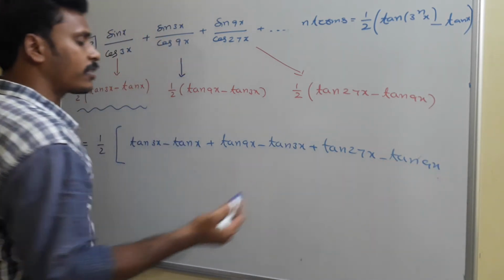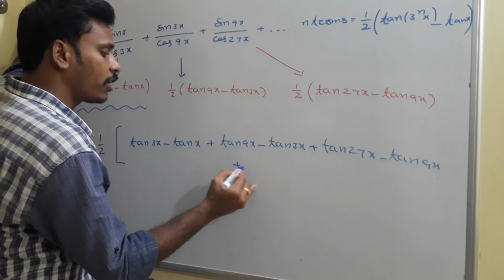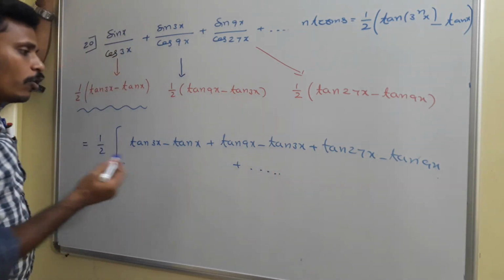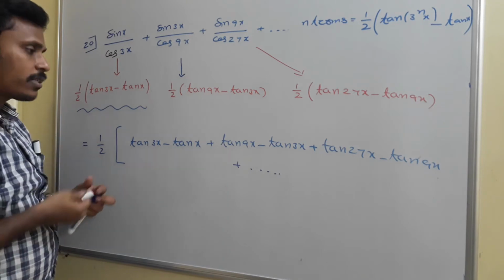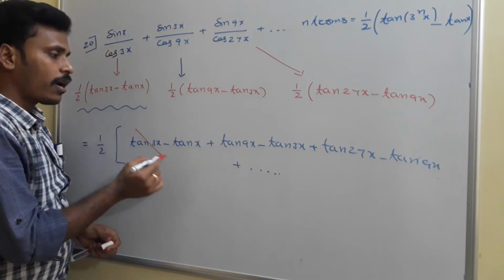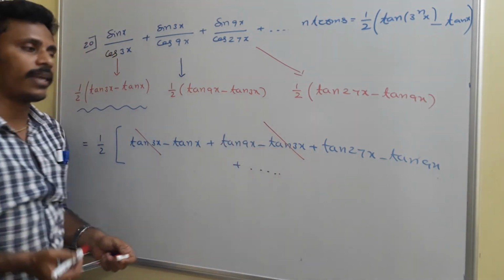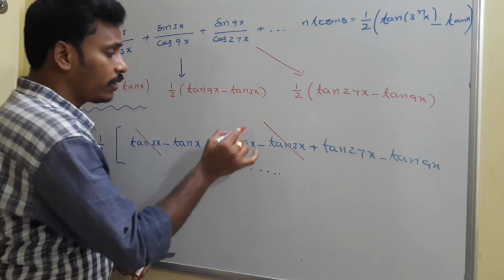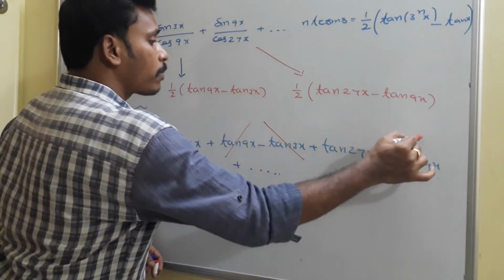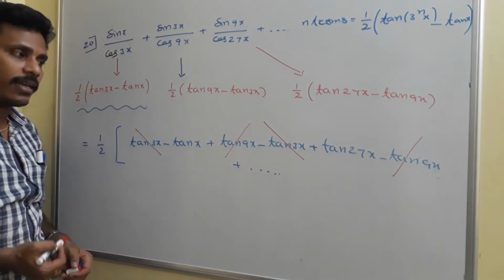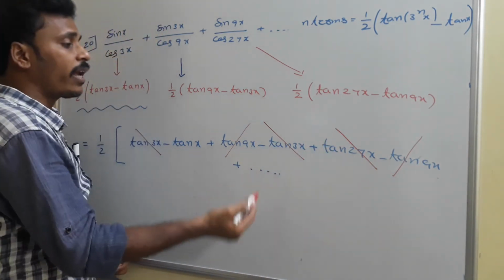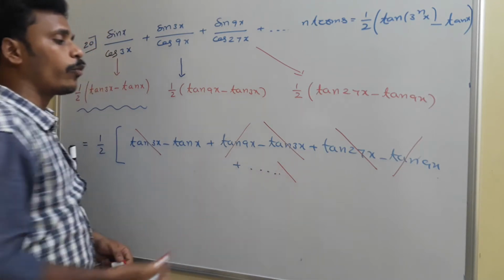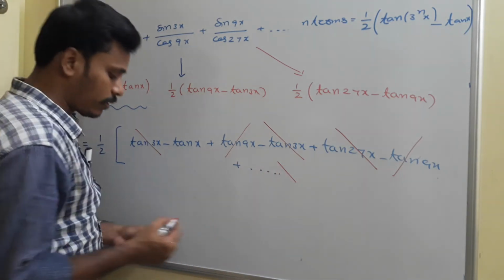Still there are some other terms, okay? I am just mentioning the first three now. Now look, what will happen? This tan 3x and this minus tan 3x will get cancelled, and again this tan 9x and this minus tan 9x will get cancelled, and then this tan 27x, and in the next term for sure you will get minus tan 27x, those two will get cancelled.